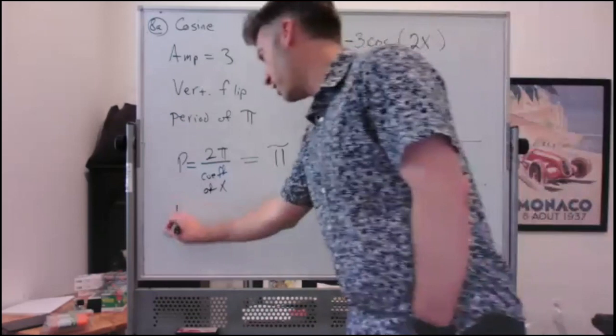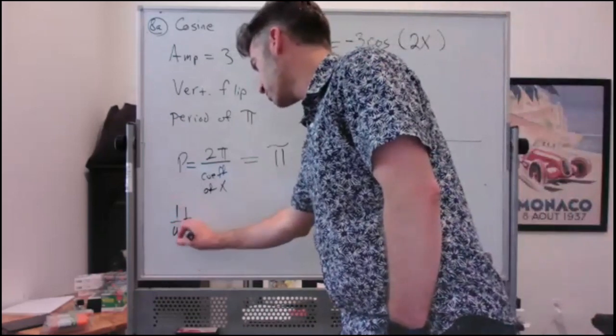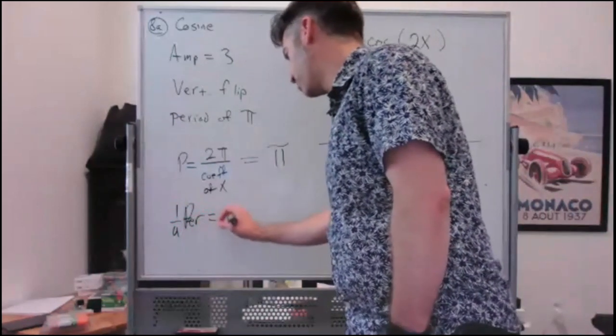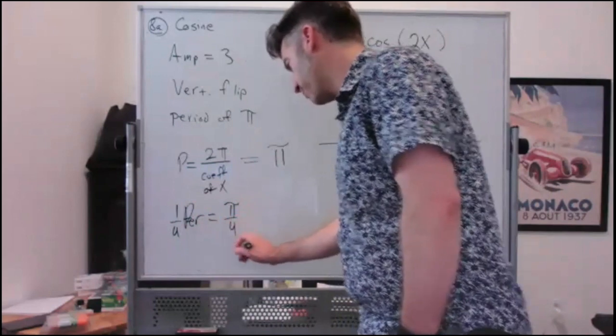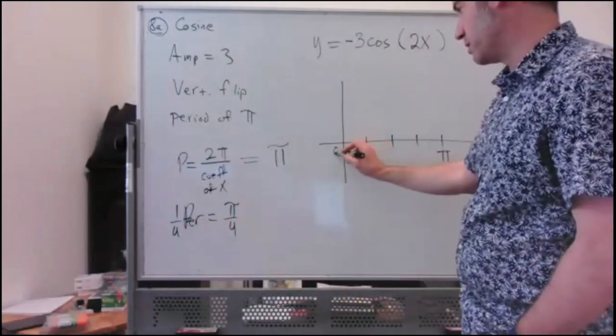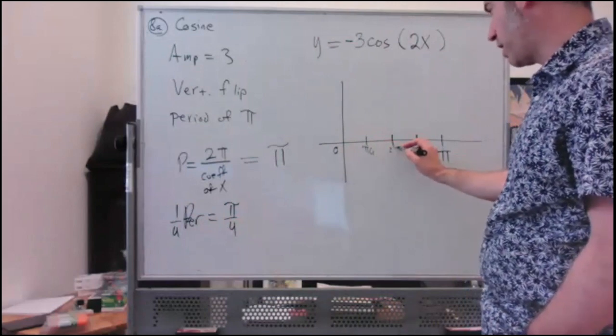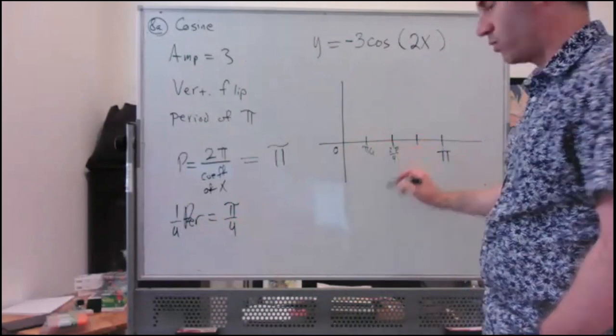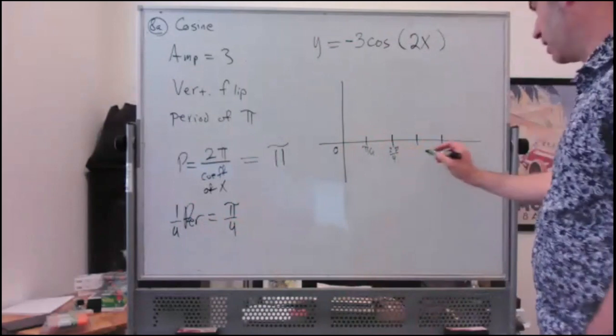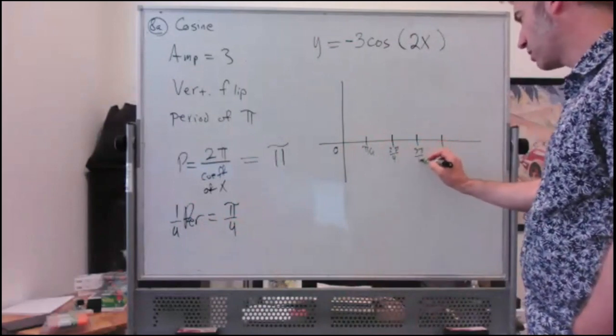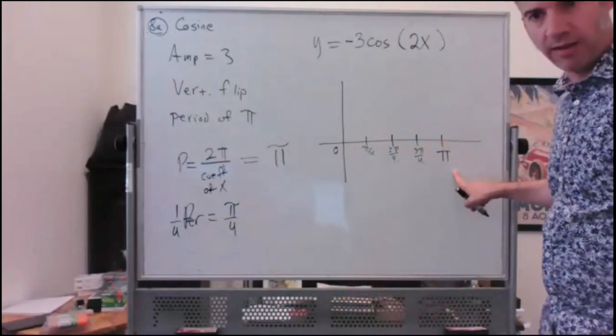So 1/4 of my period is pi divided by 4. So I've got the points 0, and then pi over 4, and then 2 pi over 4, which is pi over 2, and 3 pi over 4, and 4 pi over 4, which is pi.